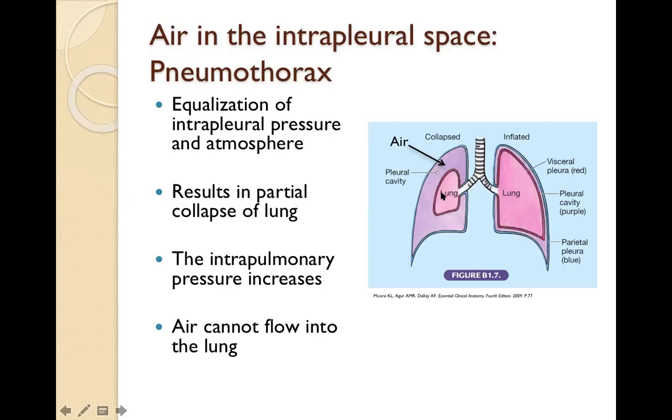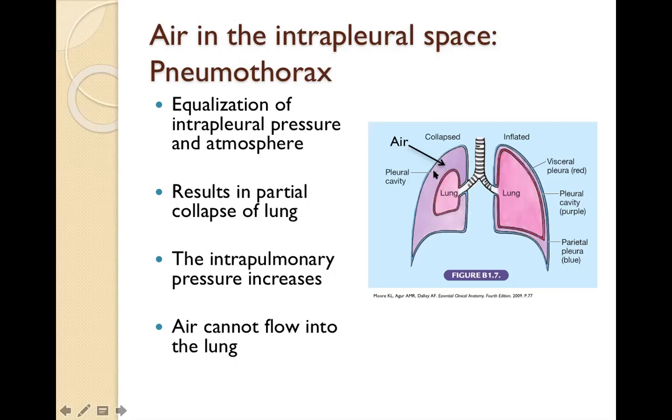As you try to exhale, the pressure within the lung, because it's collapsed, is going to force more air out. So every single time you try to open your airway to bring air in, this lung gets smaller and smaller, and the pressure gets higher and higher. And you can imagine that this is quite a serious issue. The question is, how does air actually get into this space?